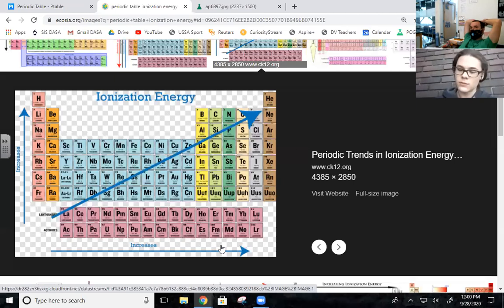No, more than that. It's like 2,000 kilojoules per mole. Is it more than what? More energy than what? The sun? No, no. The sun has no problem ionizing helium.